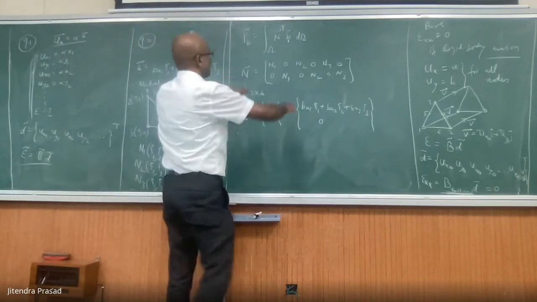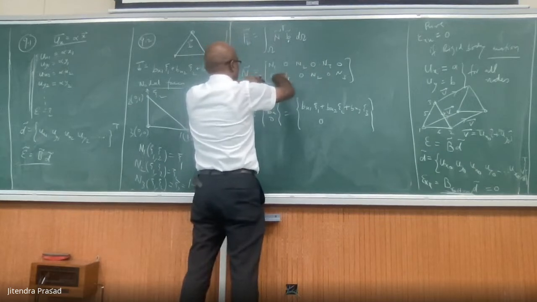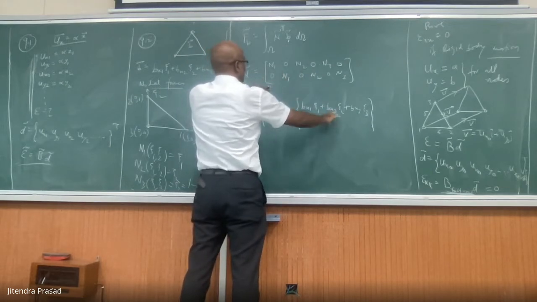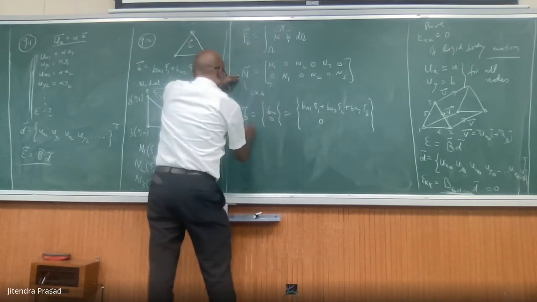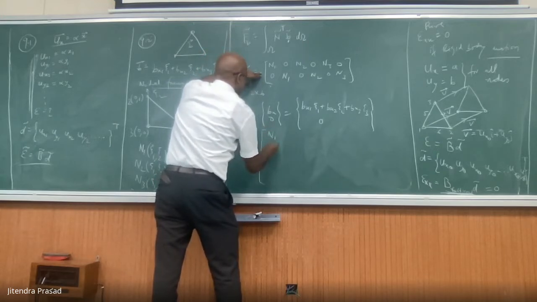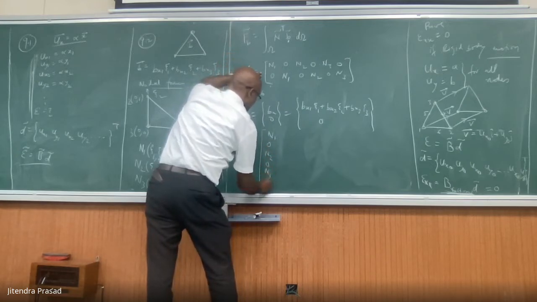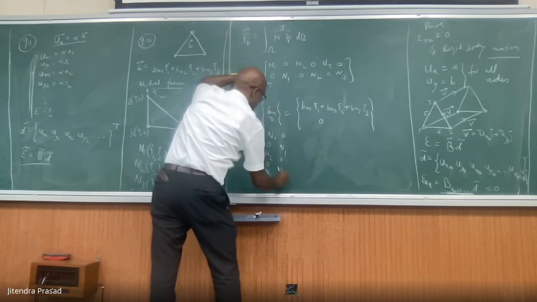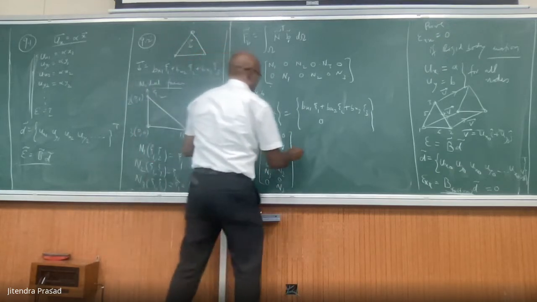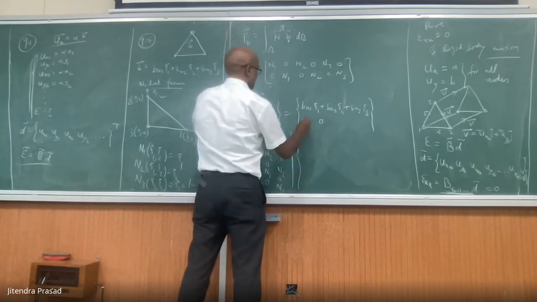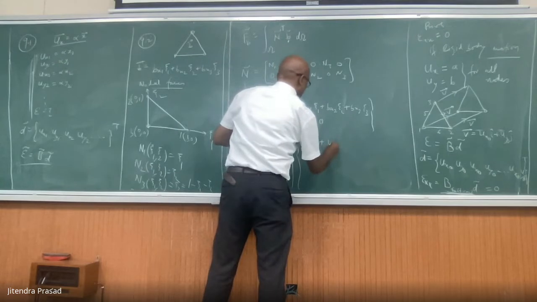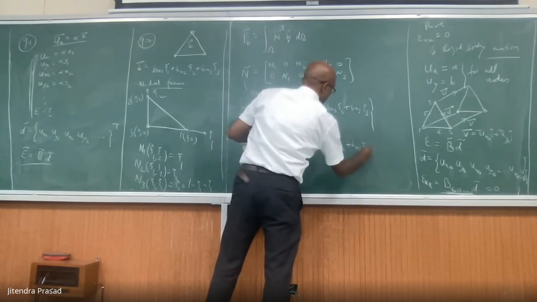When you transpose it, you have N transpose with N1 0, N2 0, N3 0, then 0 N1, 0 N2, 0 N3, and you are multiplying by b, which is bx1 psi1 plus bx2 psi2 plus bx3 psi3.